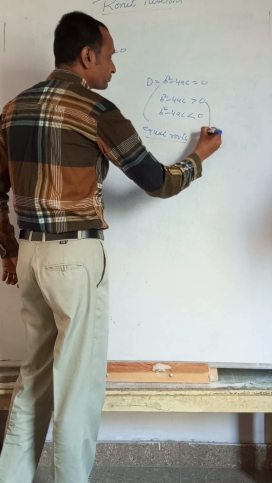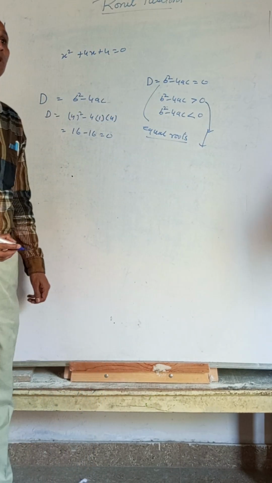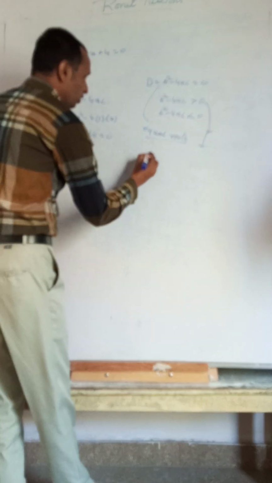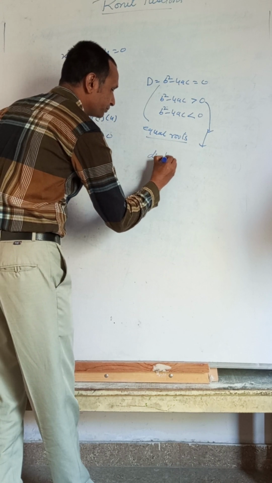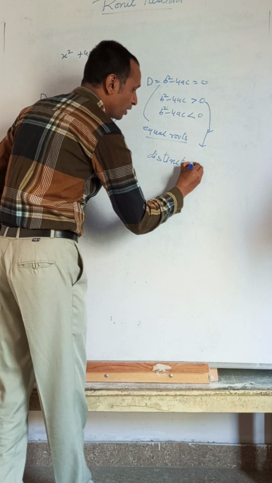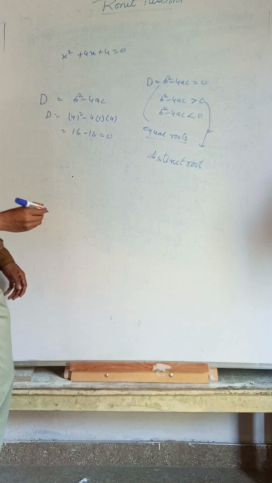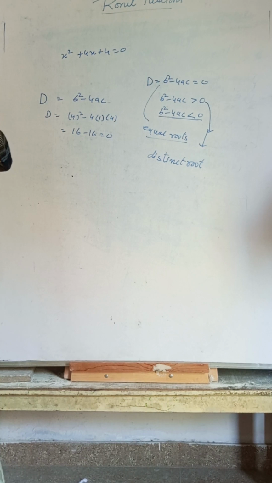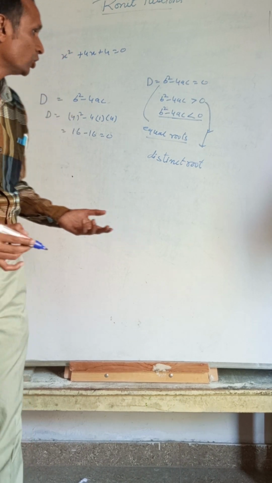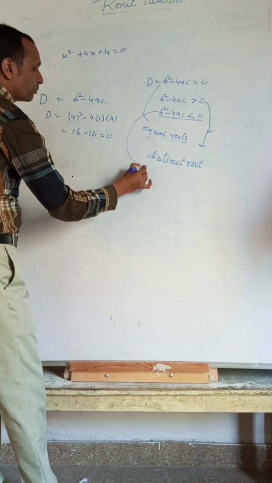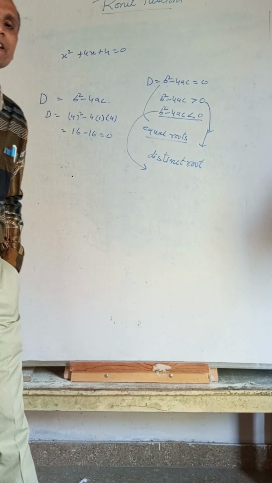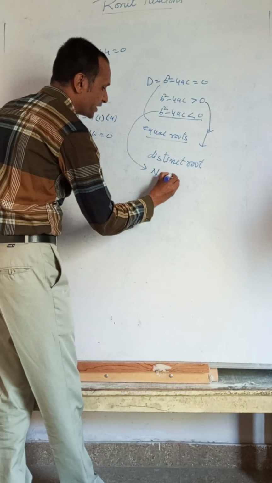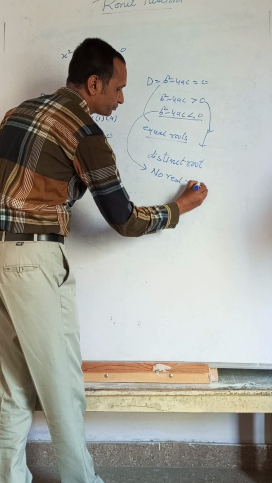If it is greater than 0, the roots are distinct, that is, different. Distinct roots will come. If it is less than 0, the answer will come in the minus, so no real roots exist; there are imaginary roots.